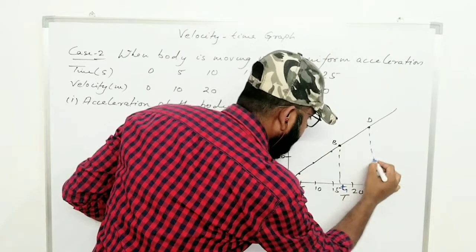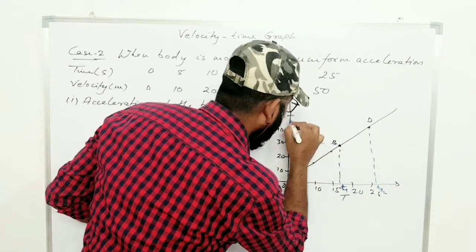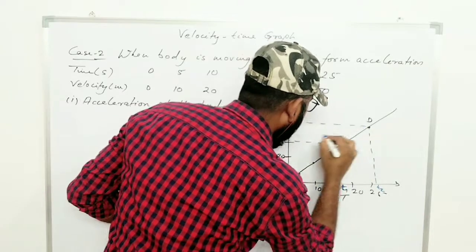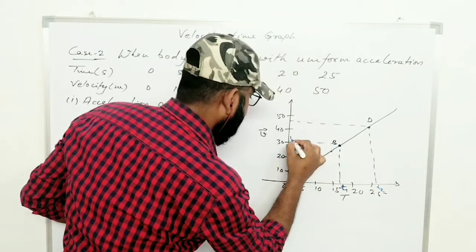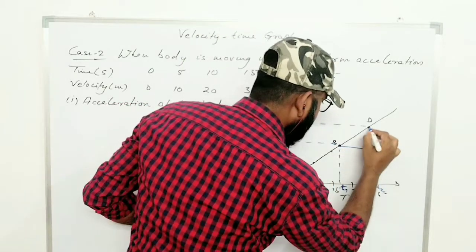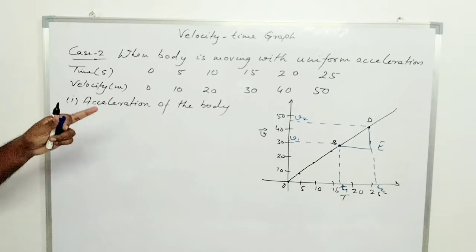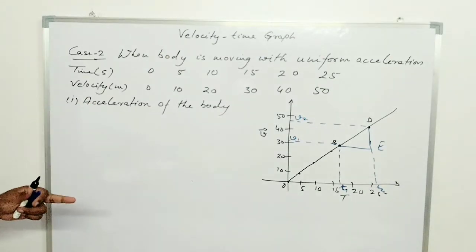T1. I already told how to find the slope of the body, same perpendicular to x-axis and y-axis. Suppose here V1, here V2. Okay, and this is E. Okay, BDE is triangle.